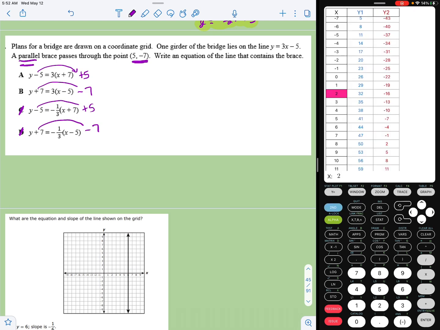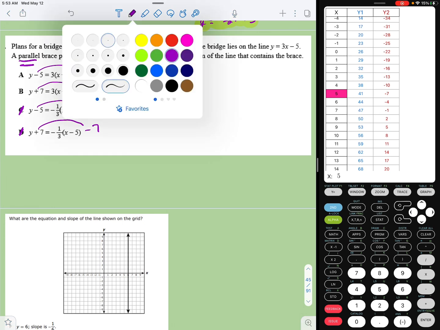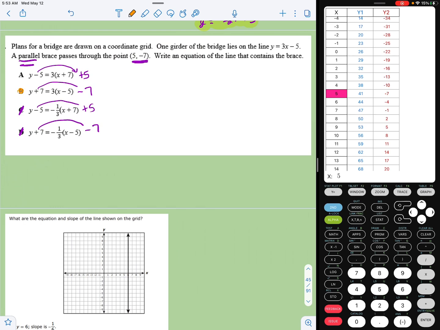All right, second graph, that gives us our table. And we're looking at the point (5, -7). Which one is going to give us that? All right, so now we're at x equals 5. And which one is negative 7? It appears to be y2, which is B. Our answer is B. Okay, that's our answer.